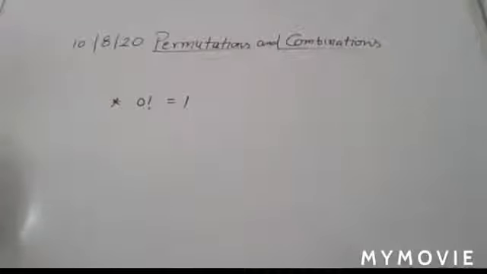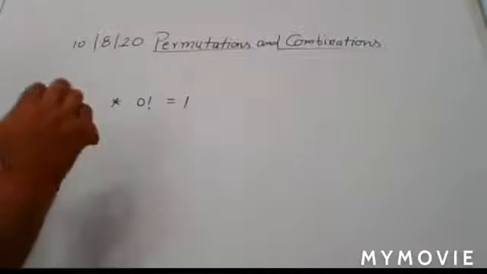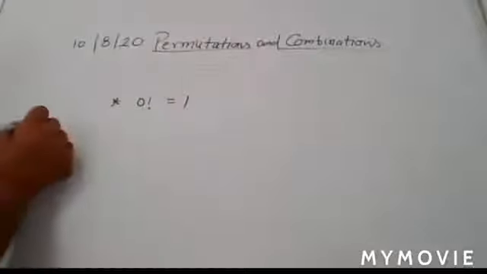Yes, noted. So how is the value of factorial 0 equal to 1? I will discuss it later on, because for the explanation of this you need some more concepts. Only write it for now: the value of factorial 0 is equal to 1. Okay, noted.